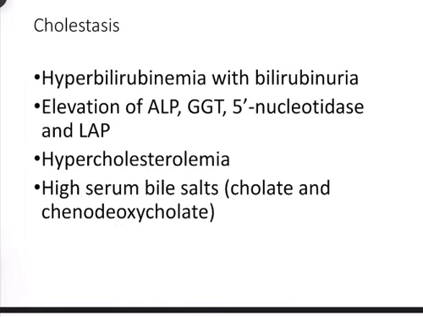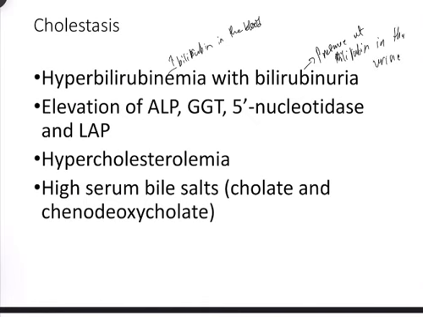Okay. Next, we do have cholestasis. It is a hyperbilirubinemia with bilirubinuria, which means an increased bilirubin in the blood and presence of bilirubin in the urine.